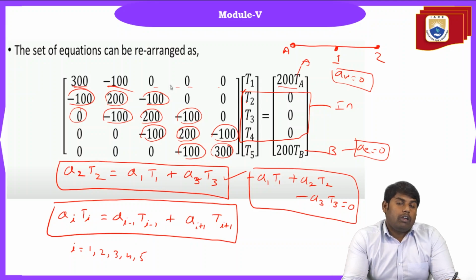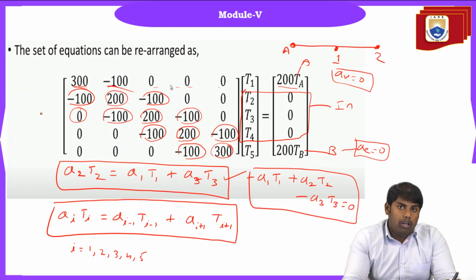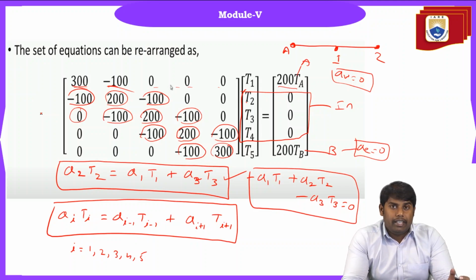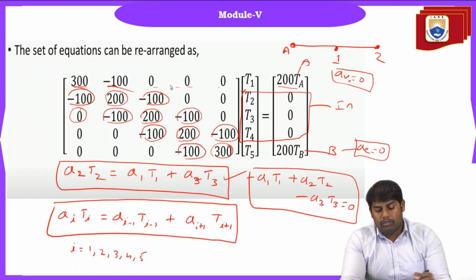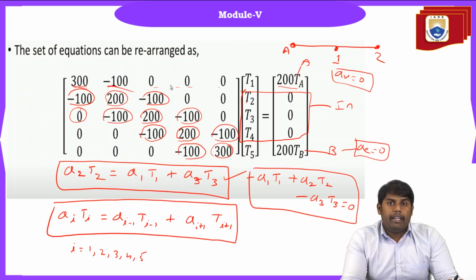When you are formulating the finite volume formulations, when we have wall conditions, let's say you have left hand side, you have one right hand side. For the left hand side, we have a wall boundary A. For the right hand side, we have a wall boundary B. Therefore, for the left hand side, we have considered AW as 0. For the right hand side, AE as 0 because it is right boundary.